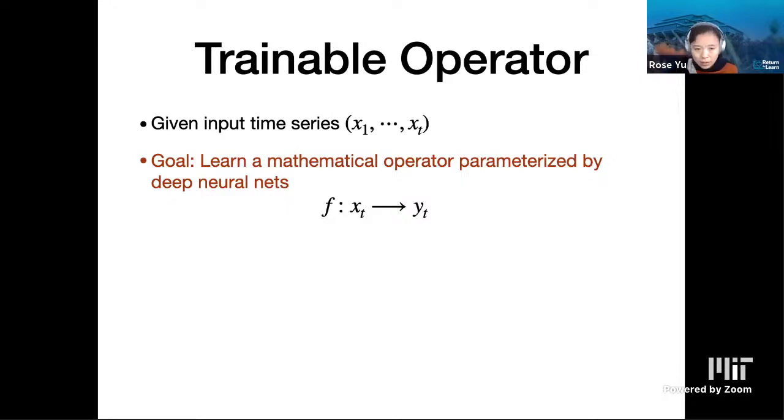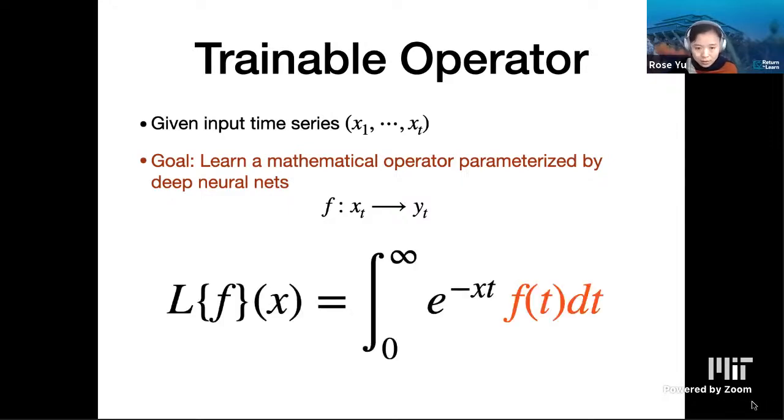So in mathematics, we have an operator that is familiar to a lot of us, which is the Laplacian operator. This operator will convolve the input function f of t using the operator e to the power minus xt, so that we compute the Laplacian operator.